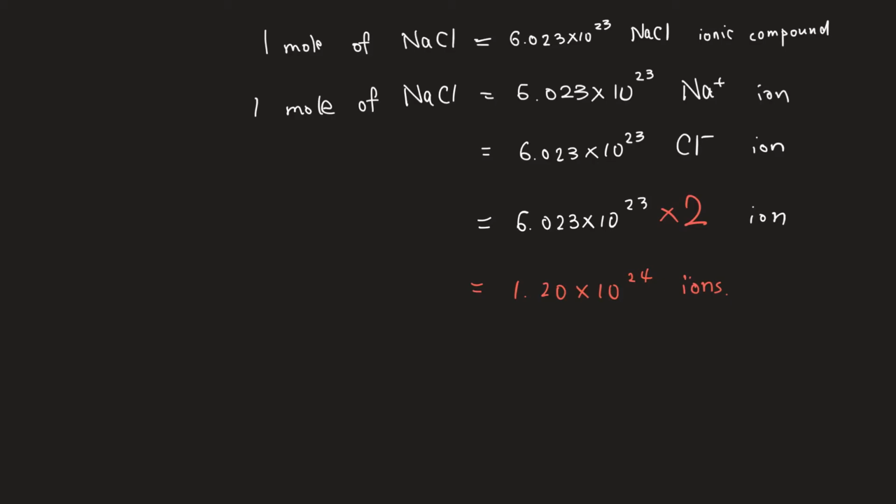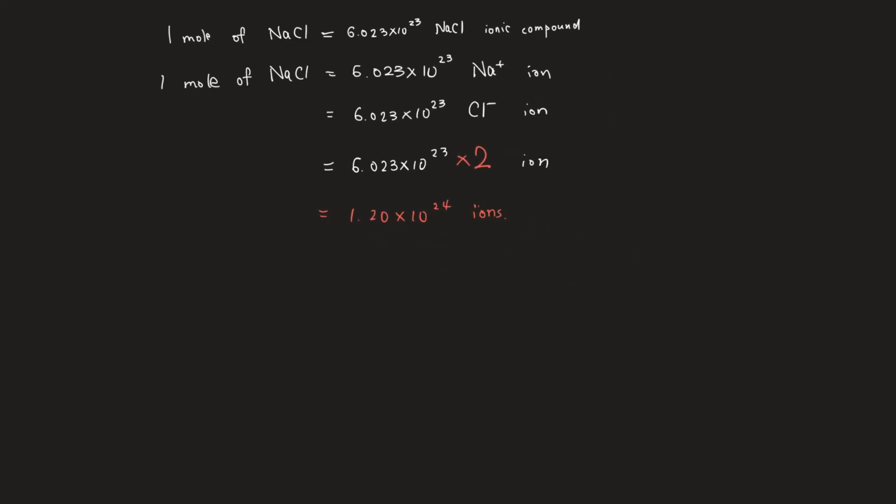Is it clear? So one more example. Besides sodium chloride, I also show you 1 mole of sodium oxide, so that if we consider it like this, you will have this number. This is the compound.